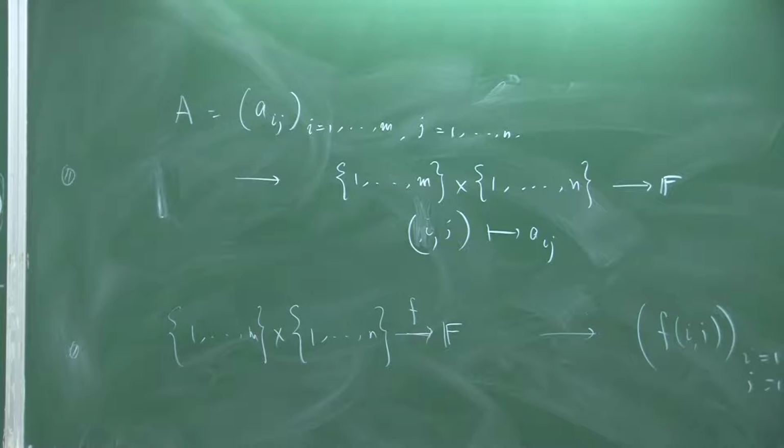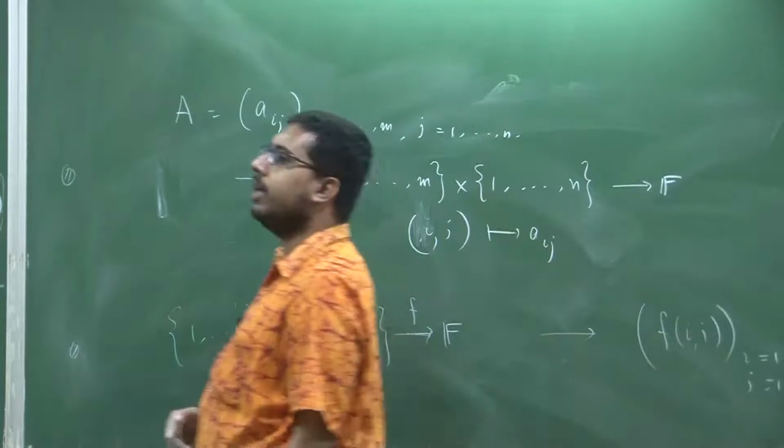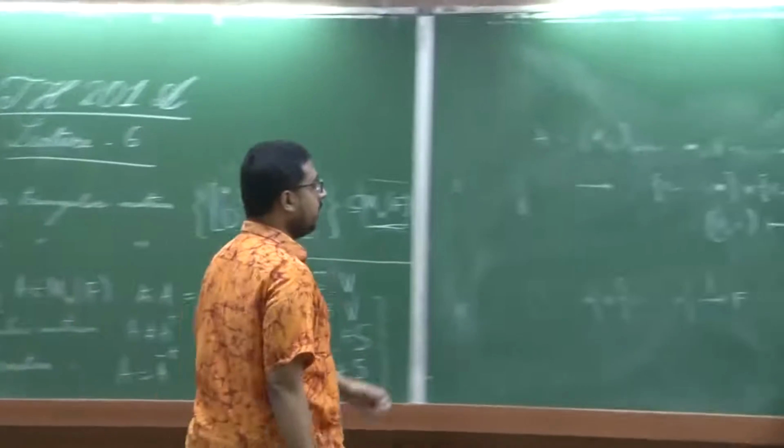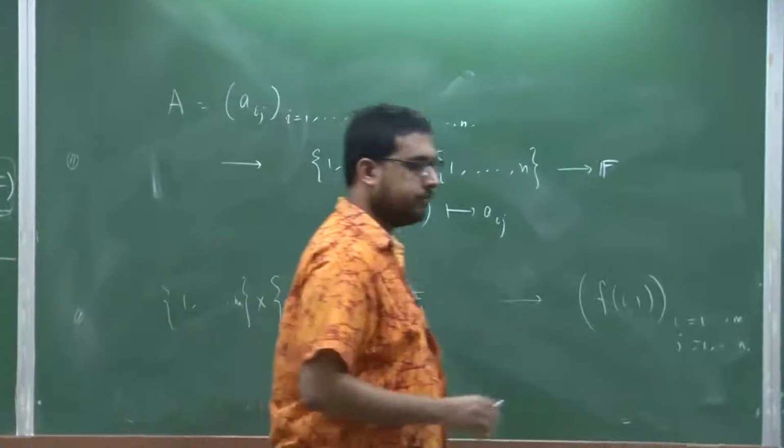So, likewise here also you can equivalently regard the collection of all matrices of order m by n as the collection of all maps from this Cartesian product to F.